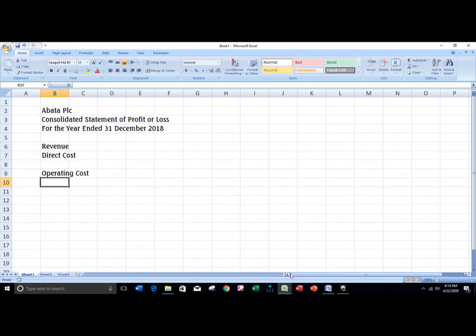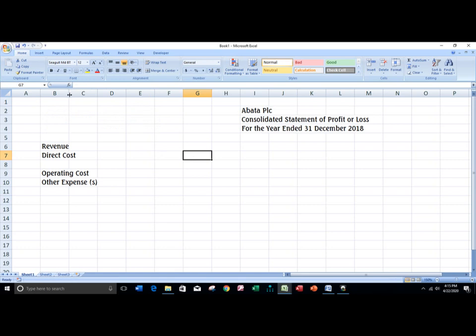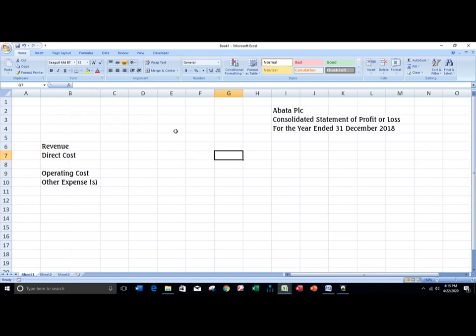That direct cost captures more or less cost of sales. So if there are other expenses, we'll capture those other expenses, if there are any. Other expenses, then you have profit. So this is how the statement will look. Let me do it very well so that our statement looks very good.